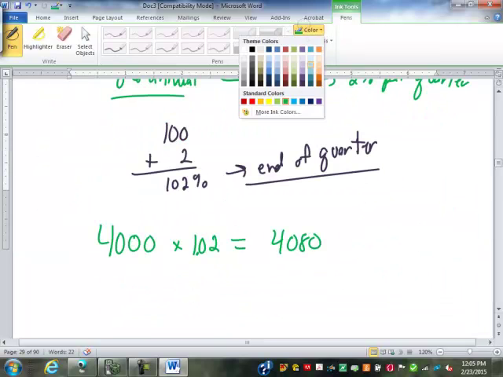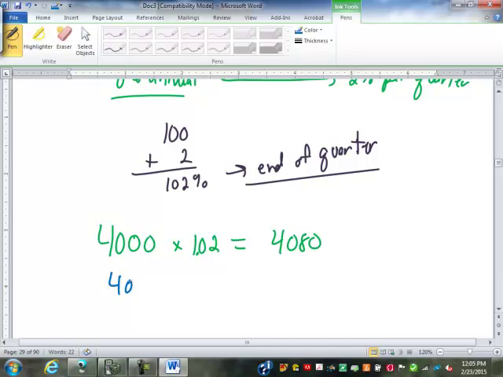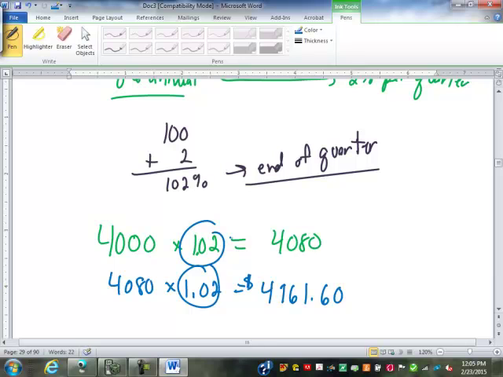So then the second quarter, we take 4,080 times 1.02. Again, that's for 102%. We get $4,161.60, which is what we had before as well. If we never actually added it in, but that's what we would have got. So we can see here what we're doing is multiplying by 1.02 for each quarter. There are 12 quarters.